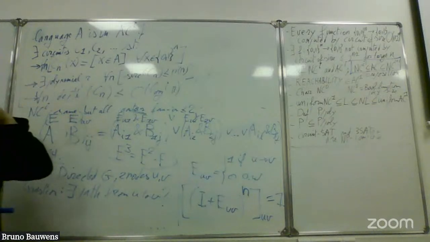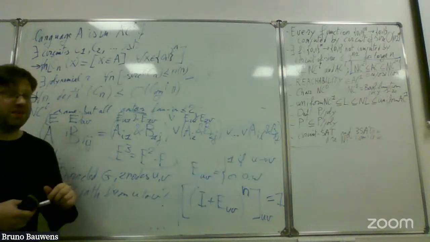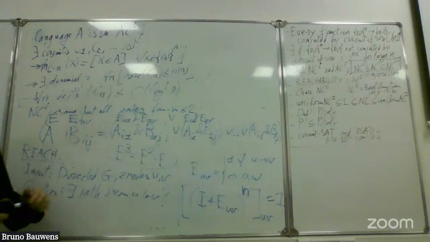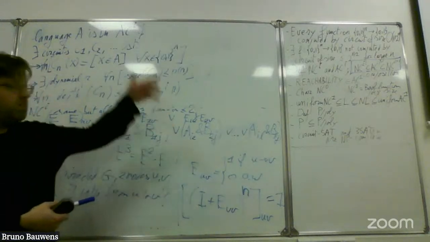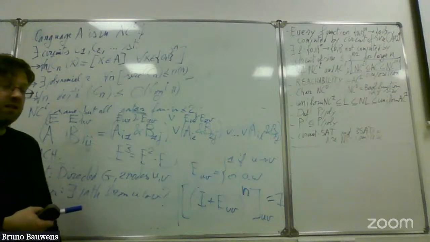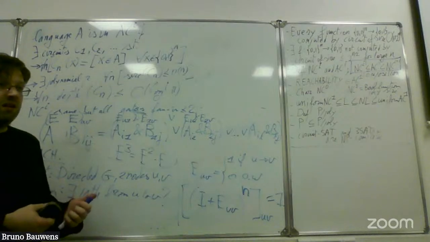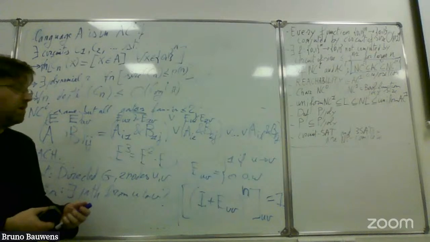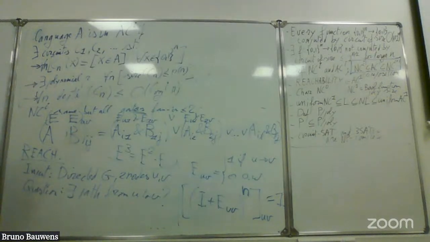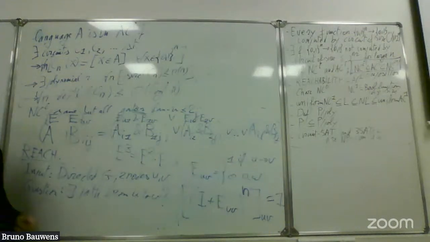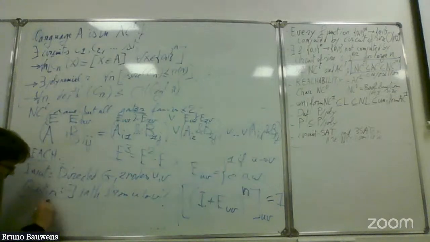Divide and conquer. Well, I mean fast multiplication. We calculate I plus e to the power n divided by 2, and then we compute its square. Yeah, iterative squaring. That's the idea. So we have a matrix M, and we need the nth power of it.